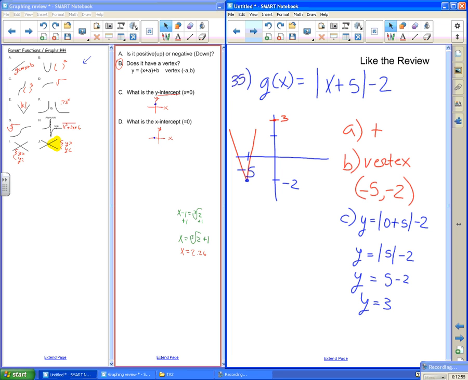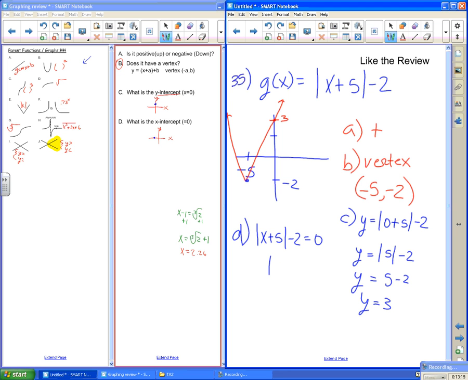So my original graph's a little off, so I'll get rid of that, and I'll go ahead and draw a better version of it. So it's going through that vertex, and it's going up. If I still don't have an answer, then I can go to D. I can say, when does this equal 0?